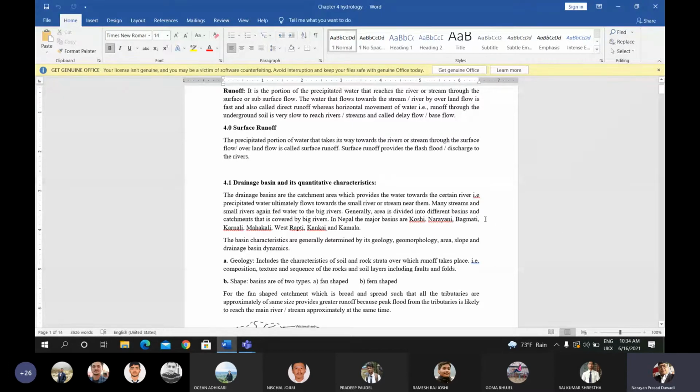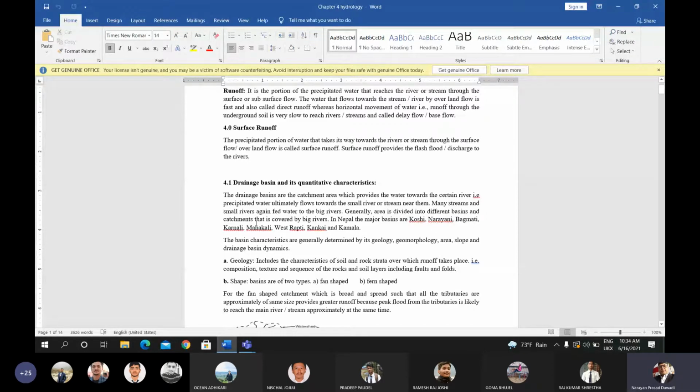And the Bagmati river flows towards the eastern side of Nepal, from the Kathmandu Valley to the Janakpur side. After reaching the Sarlahi district, this Bagmati river becomes very big, and that basin is called the Bagmati basin.